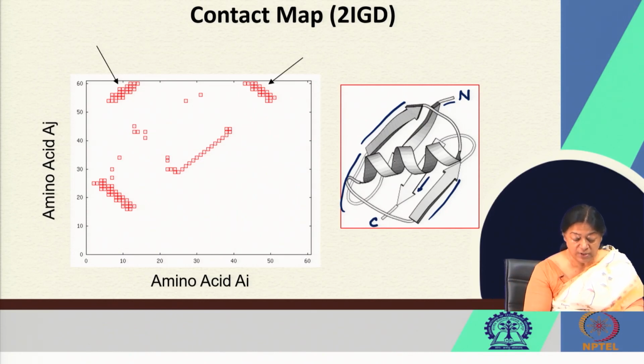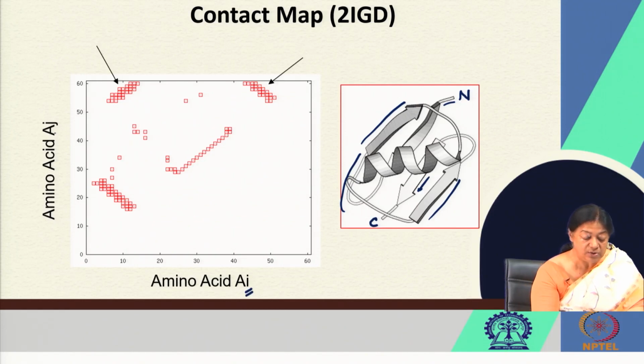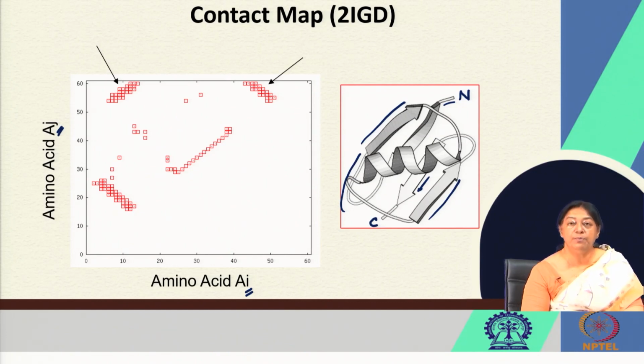So, now we understand what amino acid AI and what amino acid AJ means. And what are these points on the graph, or what are these red boxes that we have here? The red boxes are indicating that these residues that are located here are close to each other in three-dimensional space.